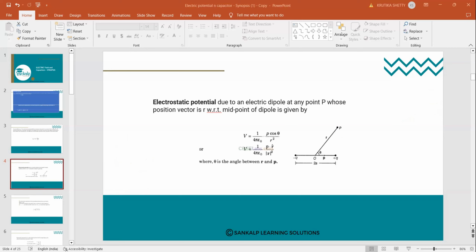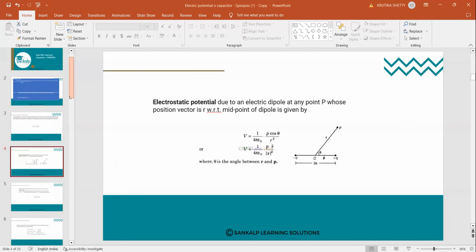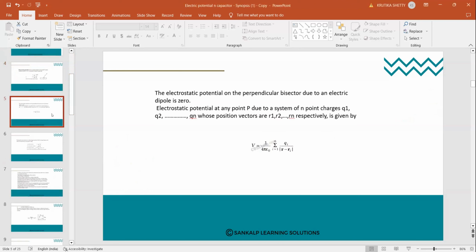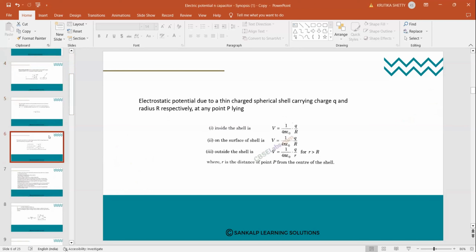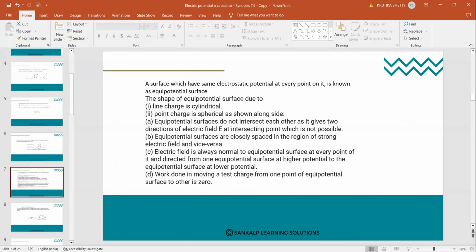The next point we have is equipotential surface. Equipotential, as the term indicates, equi means equal, and potential is nothing but potential itself.